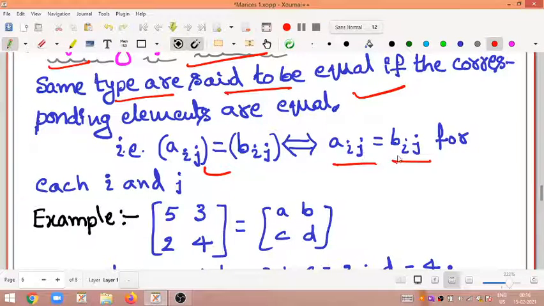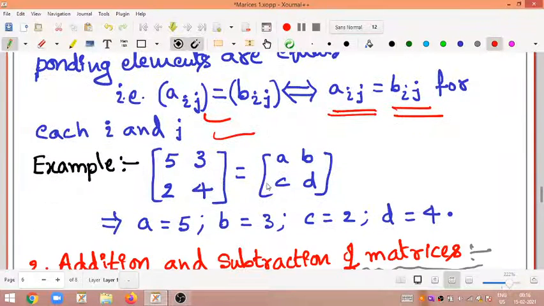See here, matrix A equals matrix B implies corresponding elements are equal for all i and j.